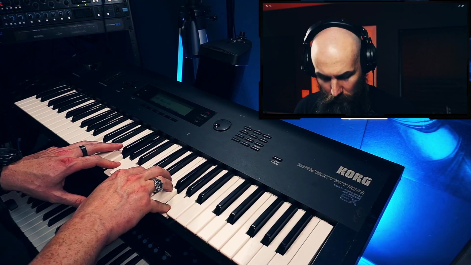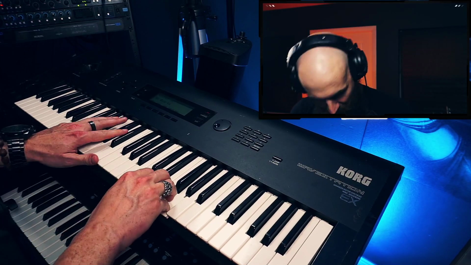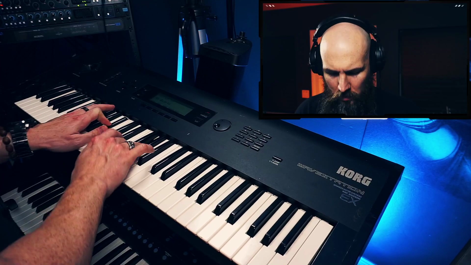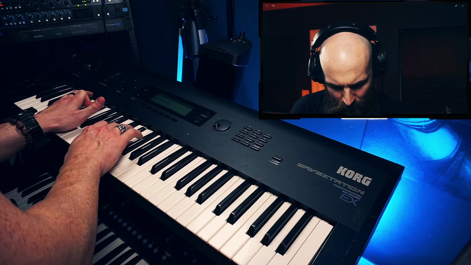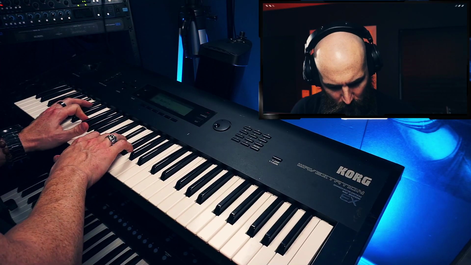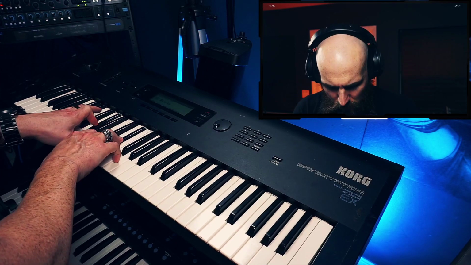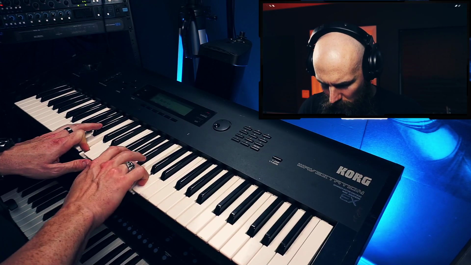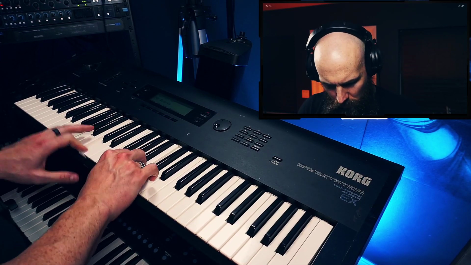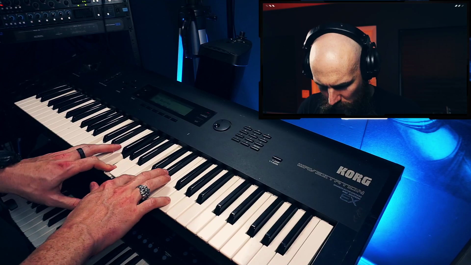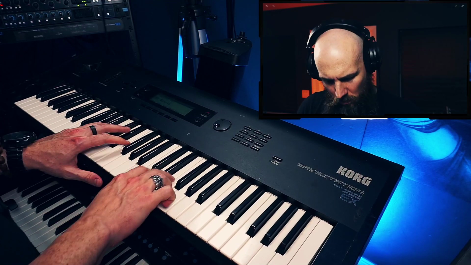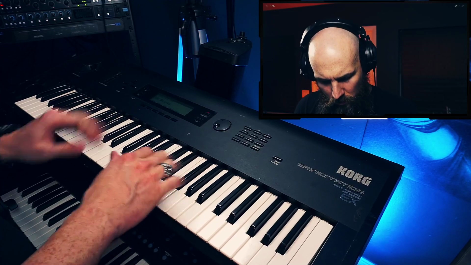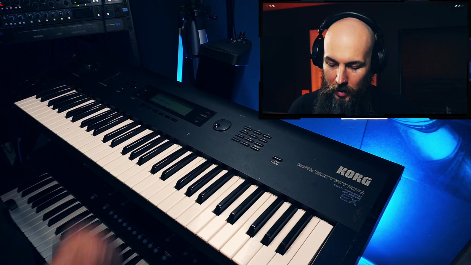Quarks. Oh my god, I could just play this thing all night long.